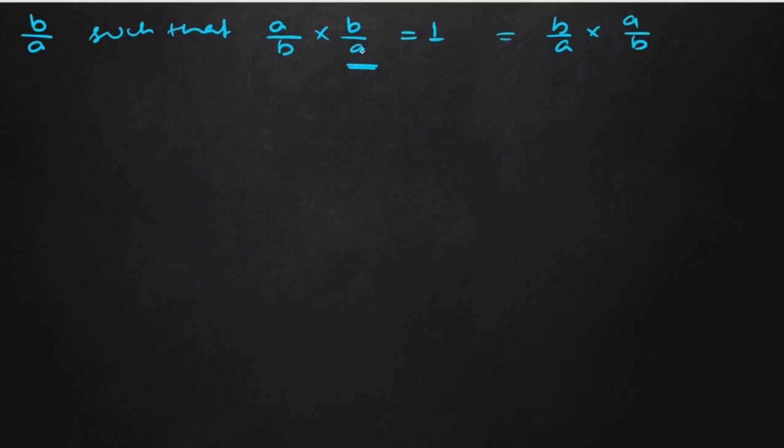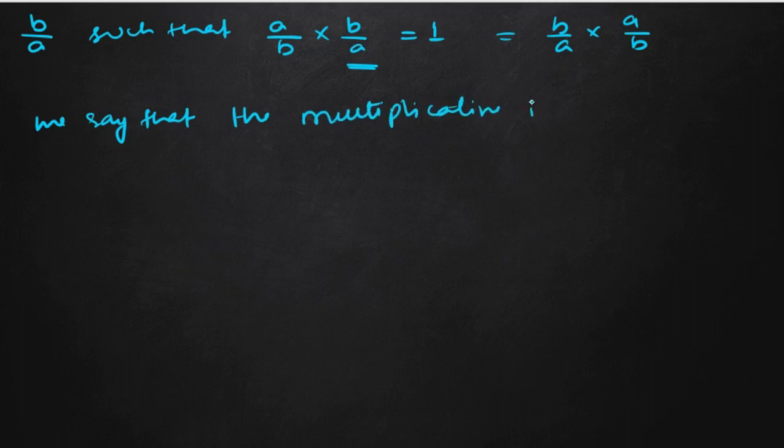If these conditions hold true, then we say that the multiplicative inverse of a by b is b by a. Obviously, if you multiply a rational number with its reciprocal, we will get the identity element. Then its reciprocal is known as our multiplicative inverse.